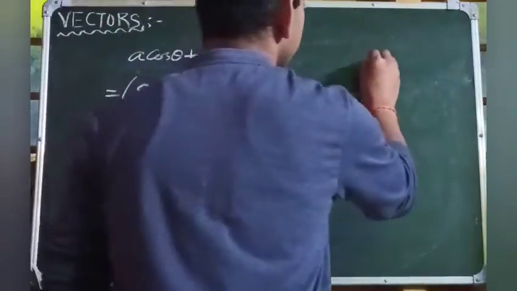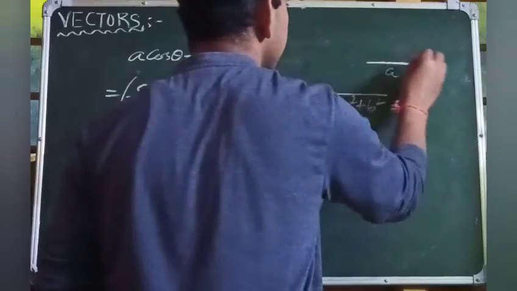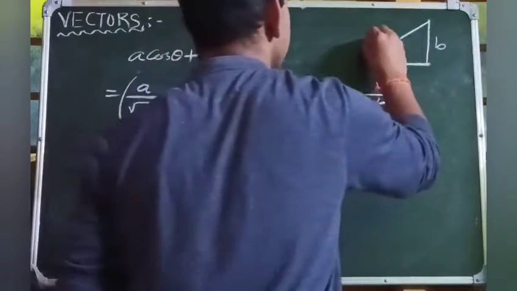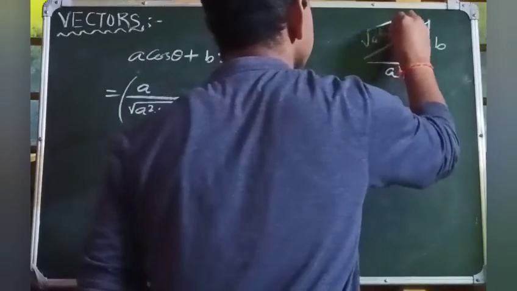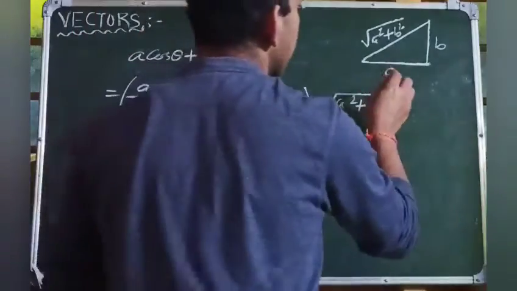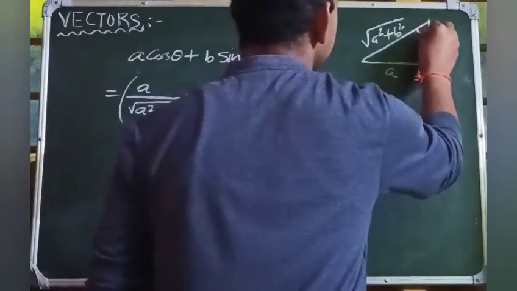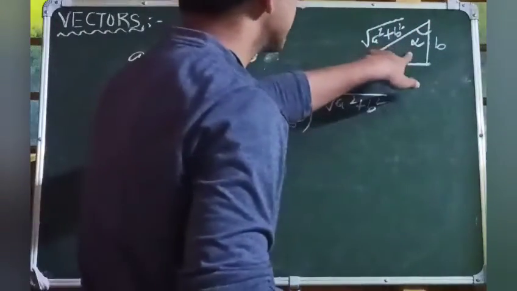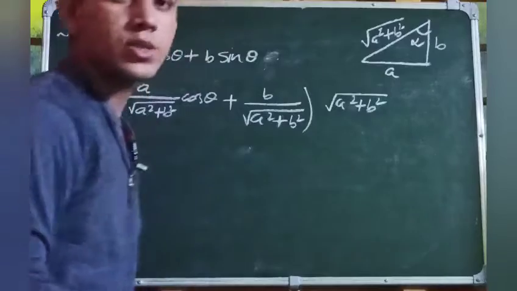Now if this is a and this is b, then this side is root under a square plus b square. Suppose this angle is alpha, then here we can see sin alpha is a upon root under a square plus b square.